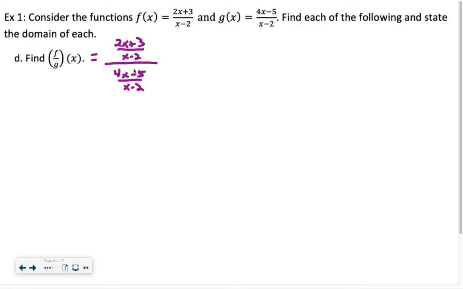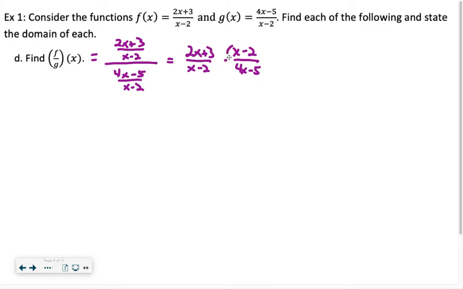Now, whenever I'm dividing fractions, that is just the same as multiplying by the reciprocal of the denominator. Okay, so this would really be 2x plus 3 over x minus 2 times the reciprocal of this times x minus 2 over 4x minus 5.